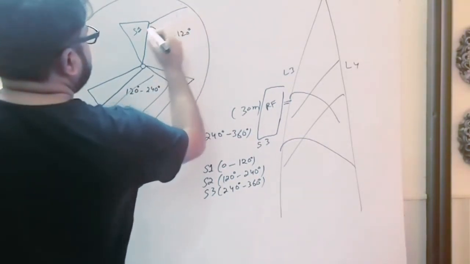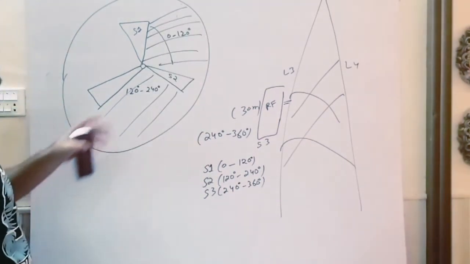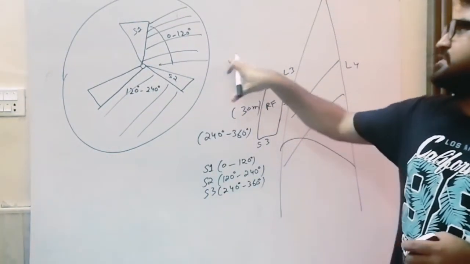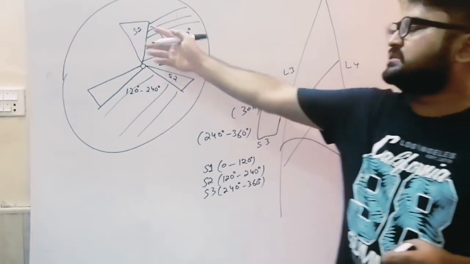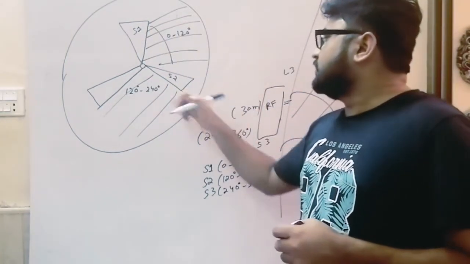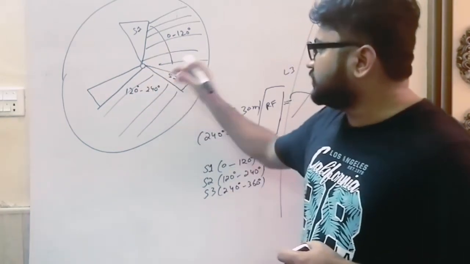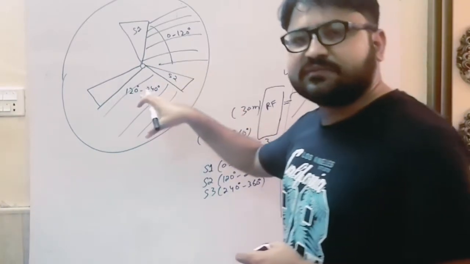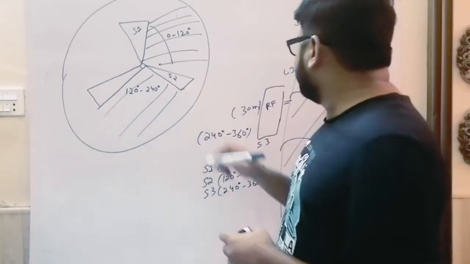This area belongs to sector 1. So the population which is associated with sector 1 gets their services from sector 1, and the same for sector 2: the population which belongs to sector 2 gets their services from the sector 2 antenna.